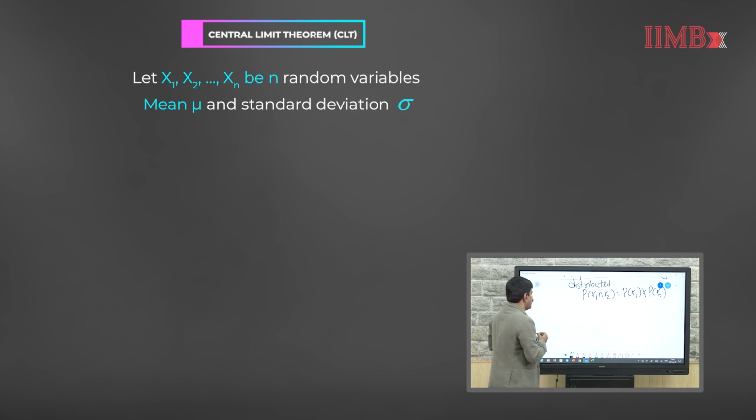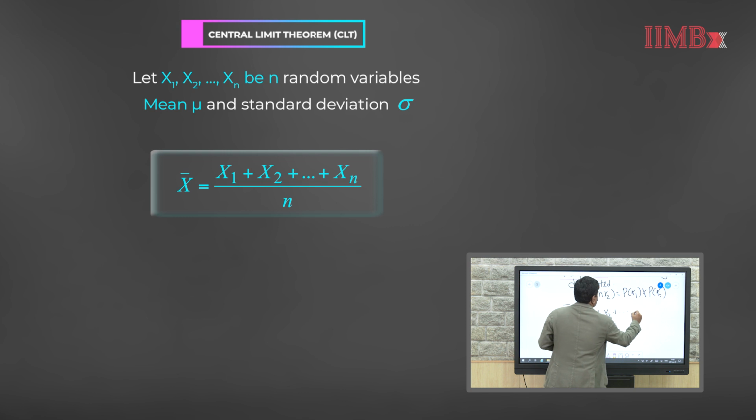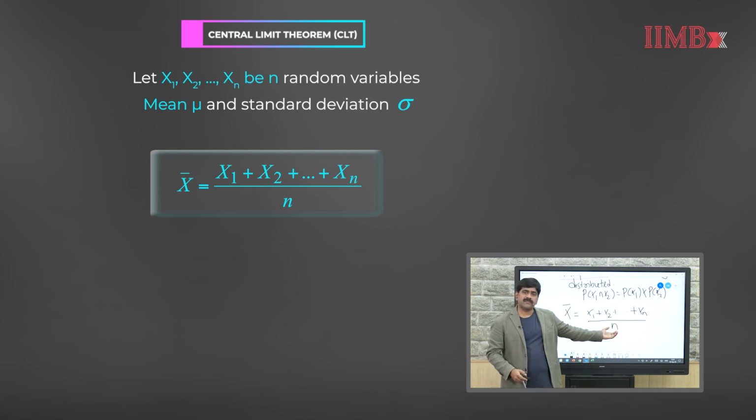I am going to take the average of these random variables. So let us say x bar is x1 plus x2 up to xn divided by n. So that is the average of these random variables.